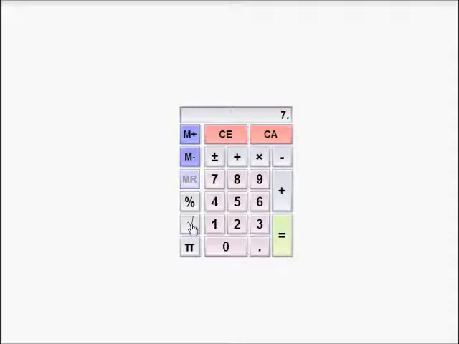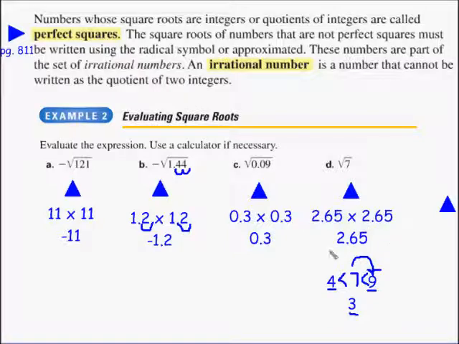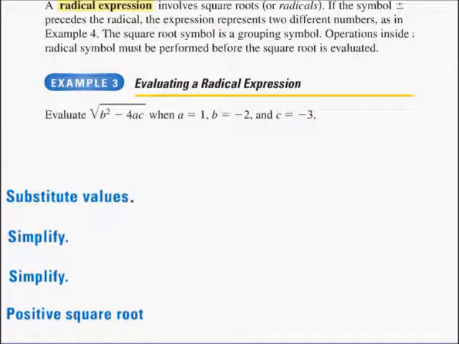I'm going to get 7 square root, and then I would get 2.645, and it's a standard rule that you would round to the 100th. So if we were approximating, we could come close to that as well. Back to our lesson then, we see that 2.65 times 2.65 is going to be that perfect root. Moving along, you can do it by calculator, or by approximation, or if you have a chart handy with perfect squares on it.